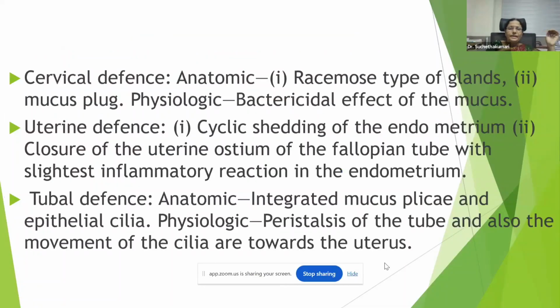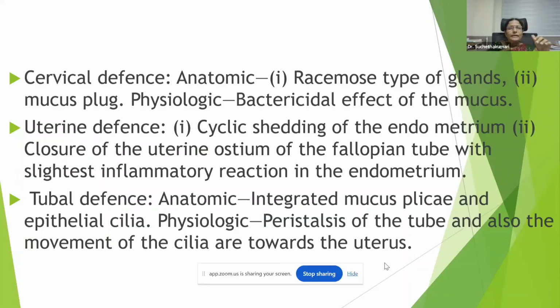Next, coming to the cervical defense, once again anatomically there is the presence of glands, racemose type of glands, and also there is a mucus plug. The characteristic of the mucus plug may change in accordance with the menstrual cycle.